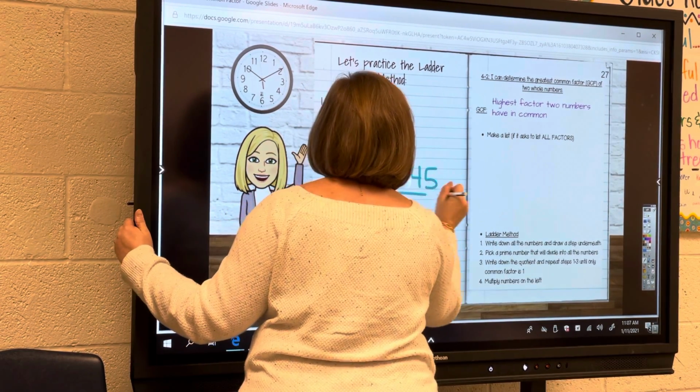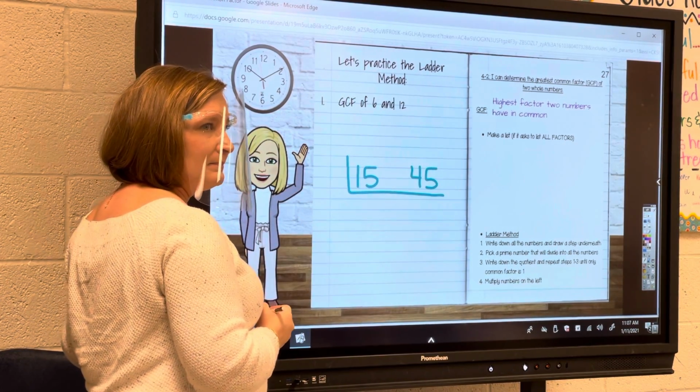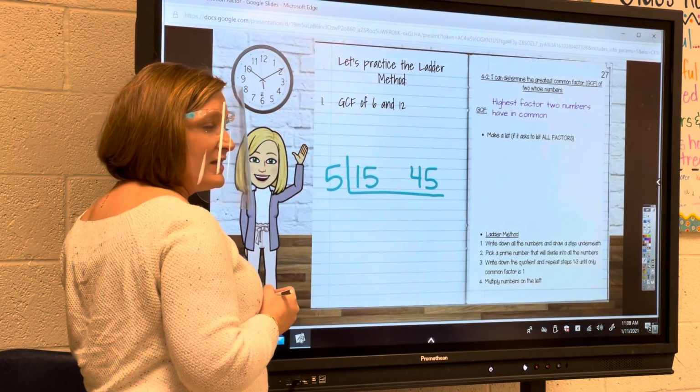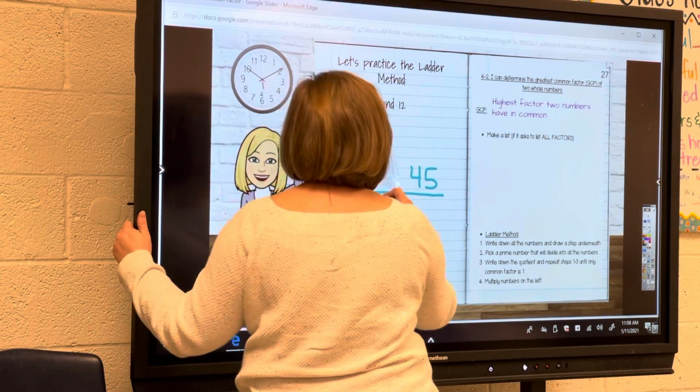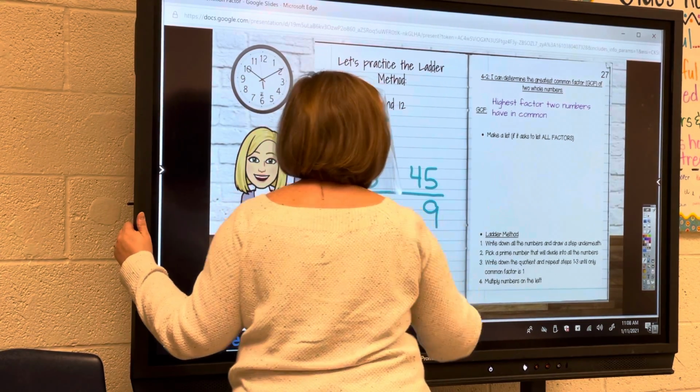15 and 45. They both end in 5. So what can I divide those by? 5. 15 divided by 5 is 3. 45 divided by 5 is 9. Can I stop?